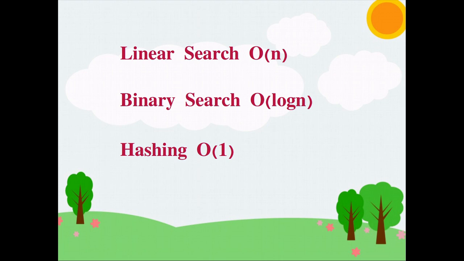If we apply linear search on a large data set, millions of records, it will be a costly approach. But the advantage is that it is fine with a small data set.